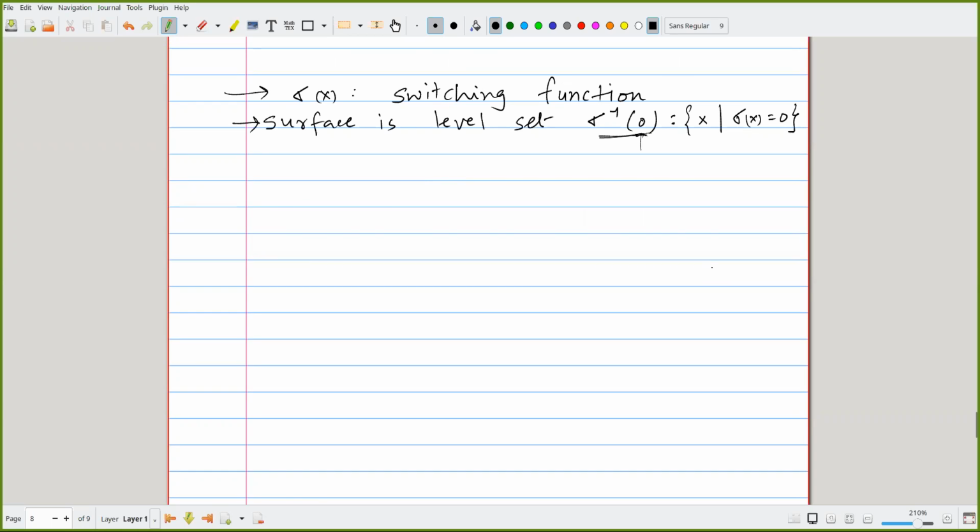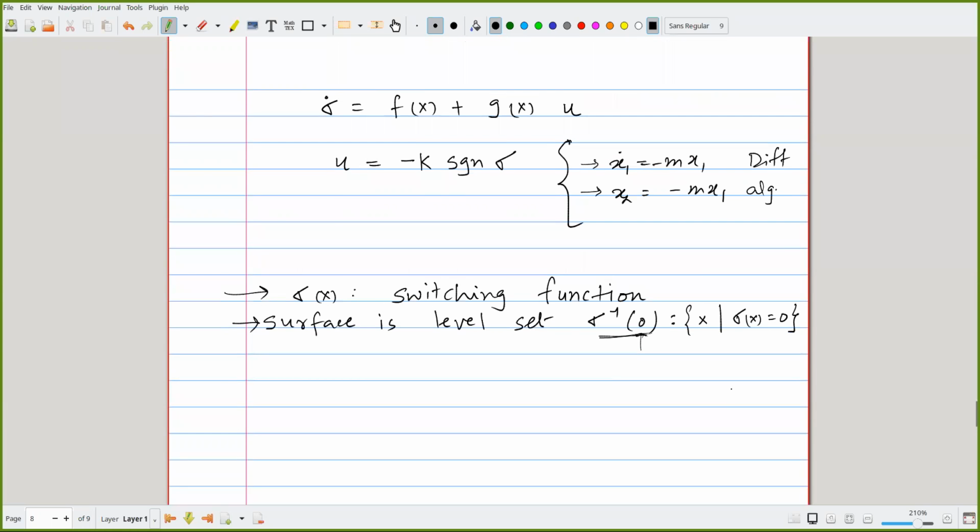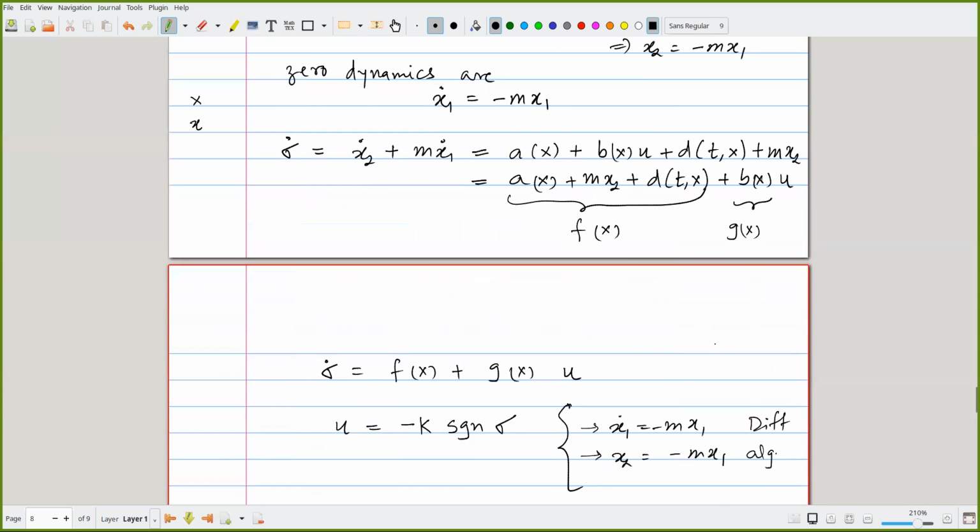An output can also give you a switching function, and you can have a surface with the level set of the output also. Okay.